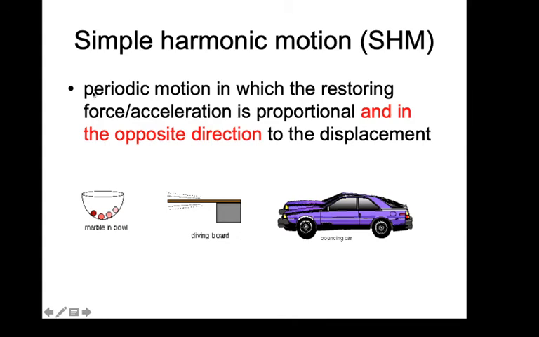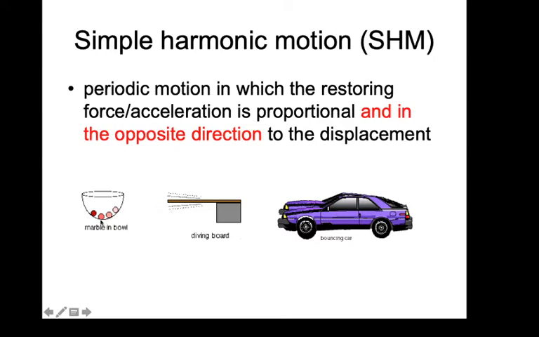So, simple harmonic motion is always periodic motion. So it has a constant period in which the restoring force or the acceleration is proportional and in the opposite direction to the displacement. So right off at the beginning slide of this one, we saw that our green acceleration was always proportional but opposite that of displacement.